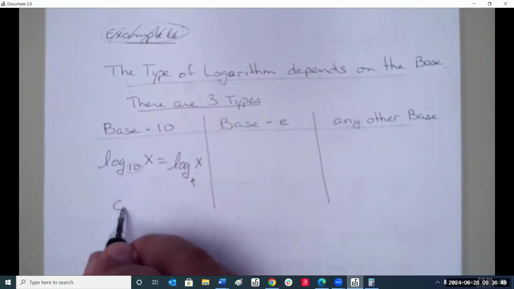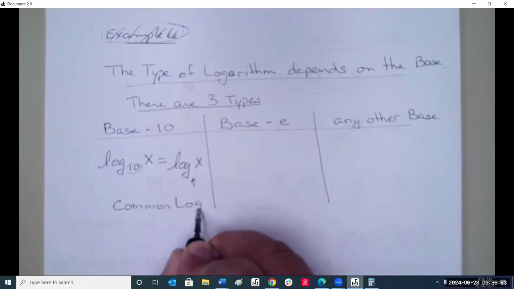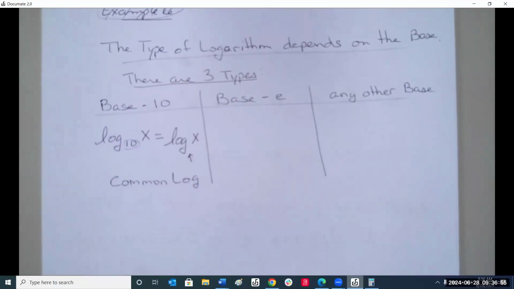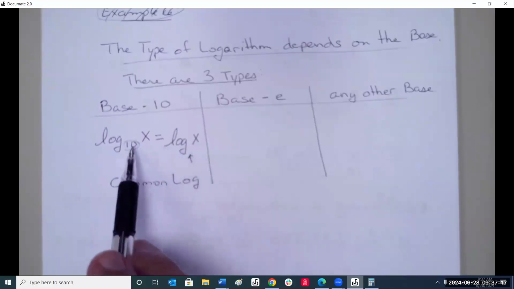That's called a common log. Can you guess why? What's so important about number 10? Perfect. That's our base system. We have a base 10 system. There are 10 numbers. So that's why they call it common log. If it's base 10, it's a common log.